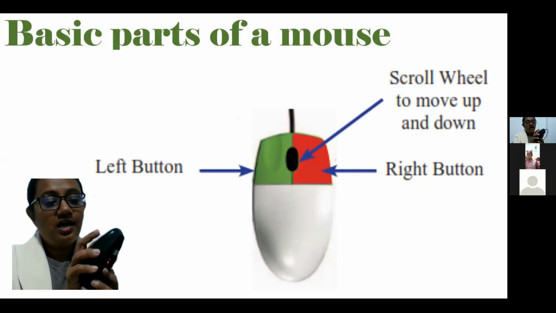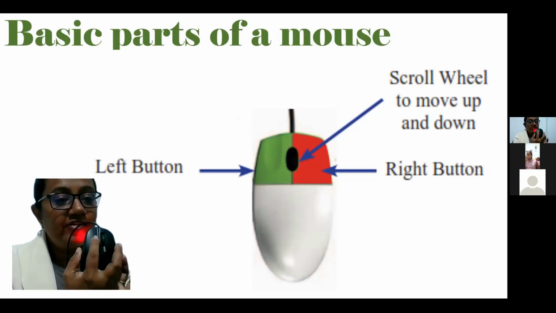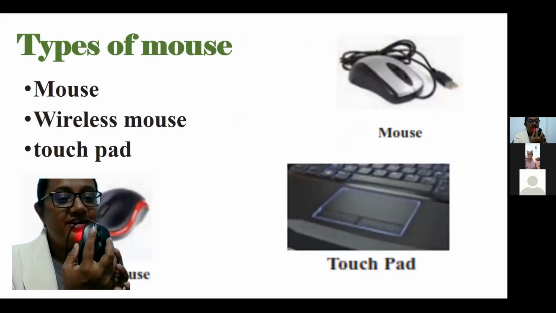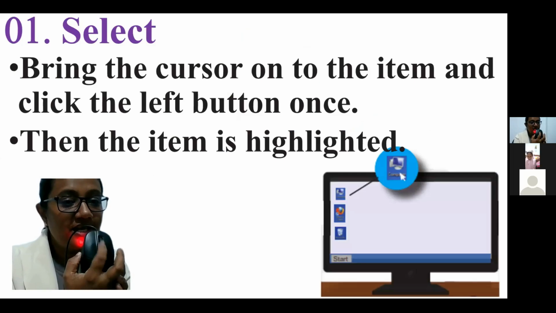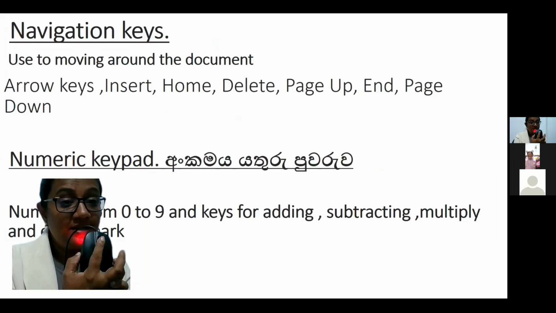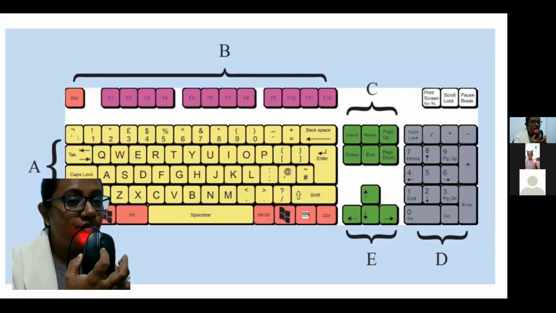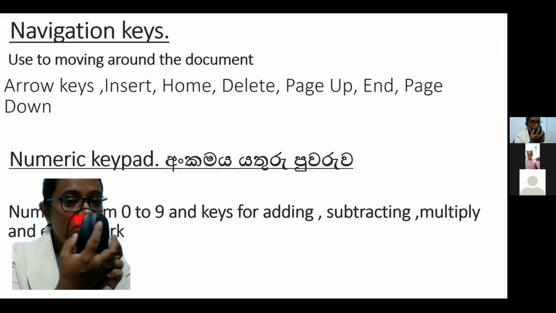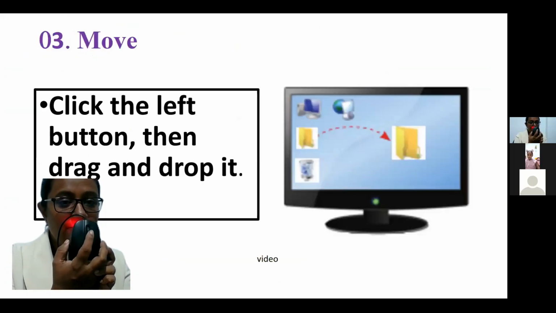Then left button, right button, and in the middle we can see the scroll wheel. By using this we can go up and down, right? Because of this we can go up and down. So let's go up.